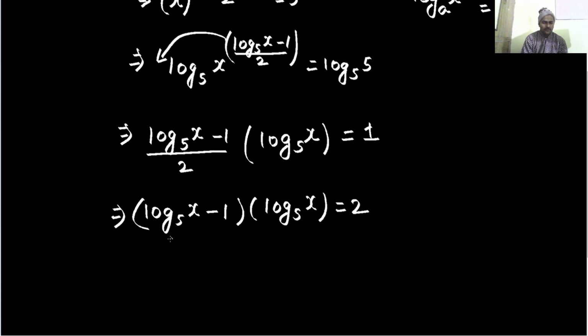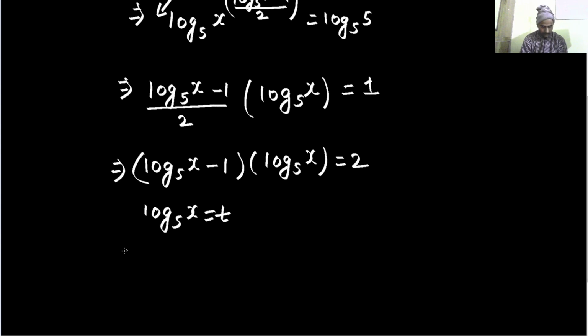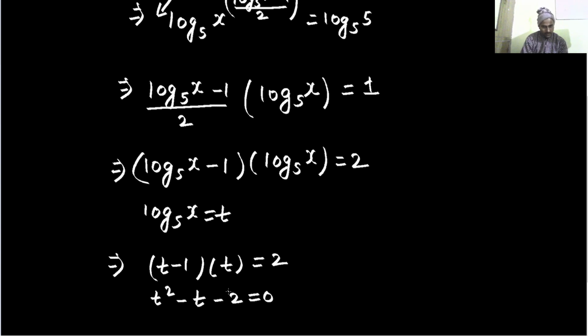And now for some time if I take log x base 5 as t, this will become (t minus 1) times t equals 2, or t square minus t minus 2 equals 0. If I were to solve this, t square minus 2t plus t minus 2 equals 0.